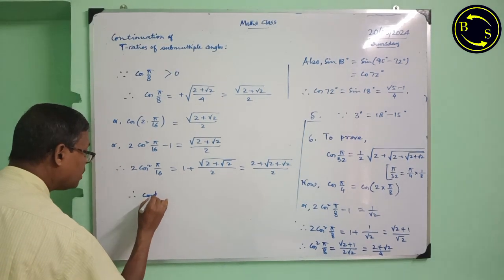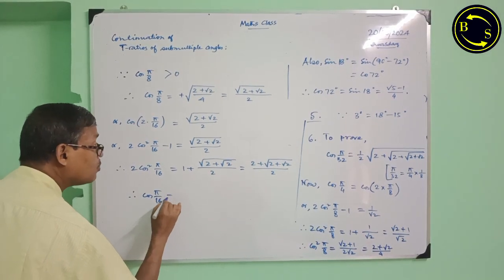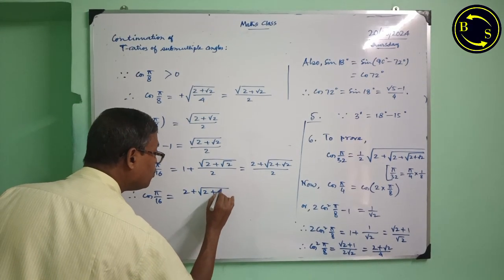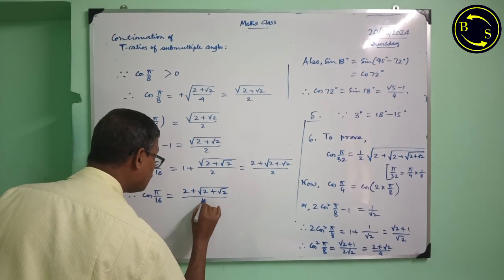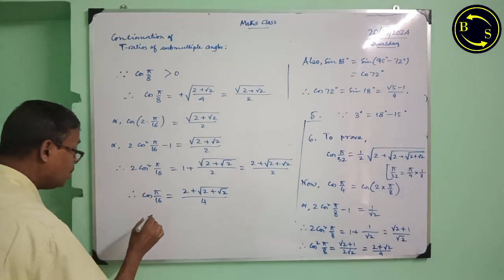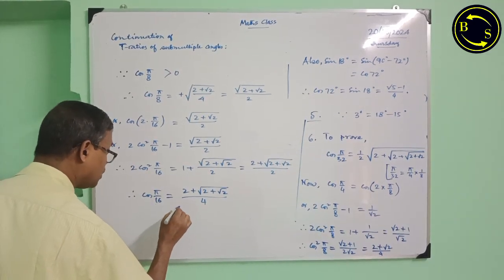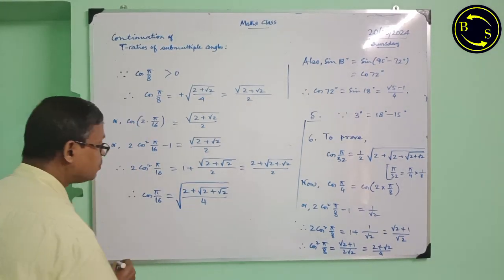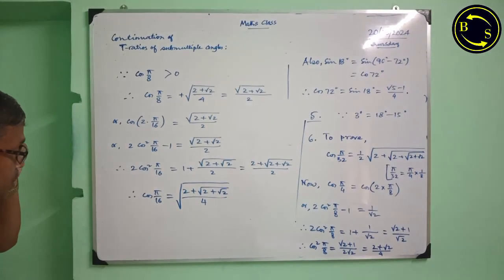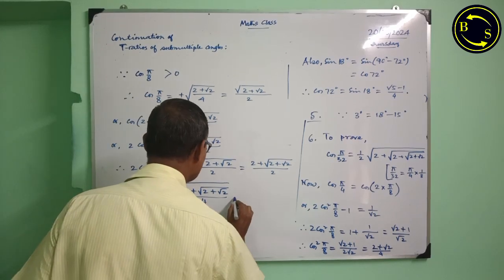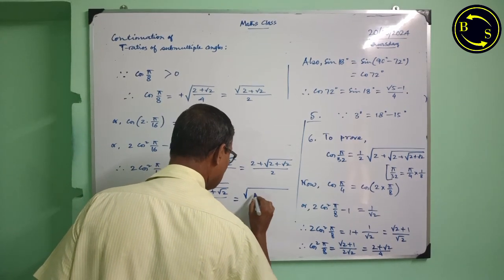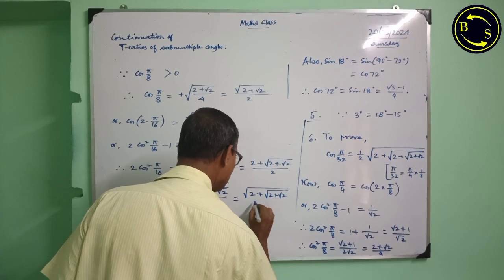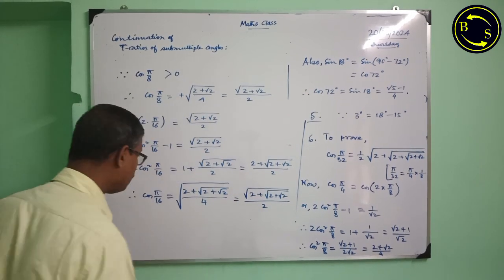Therefore cos pi by 16 is equal to square root of 2 plus square root 2 plus root 2 by 2, and we have to take here the positive square root value.